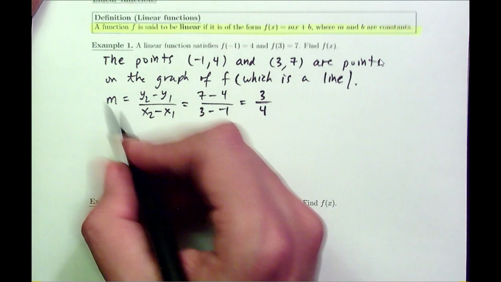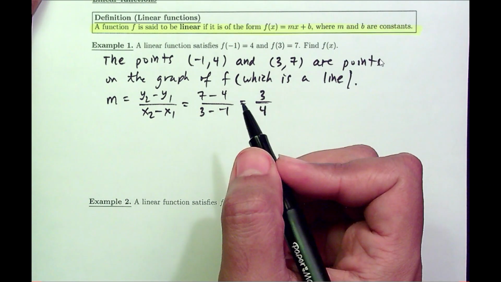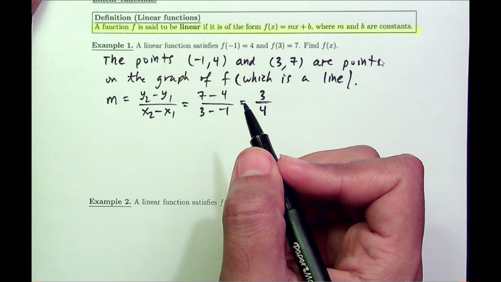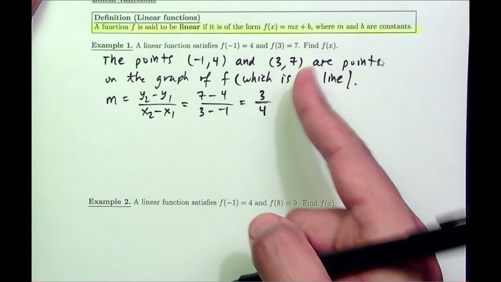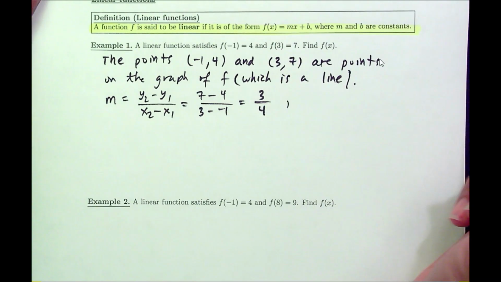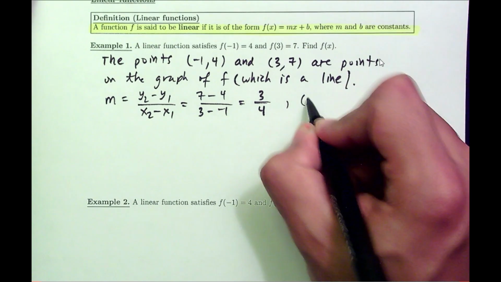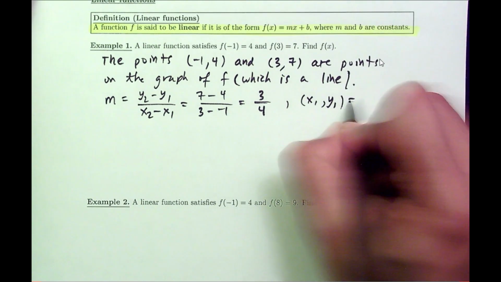And now we can use either of the 2 points for our x1, y1. Remember that I usually prefer to use the points that don't have any negatives because it makes it easier. It's good to avoid negatives if you can, because negatives are a big source of common mistakes.